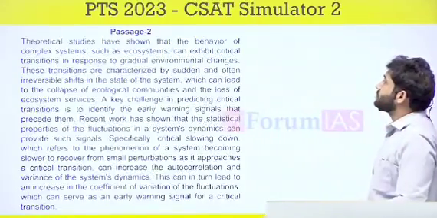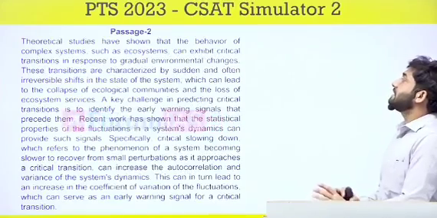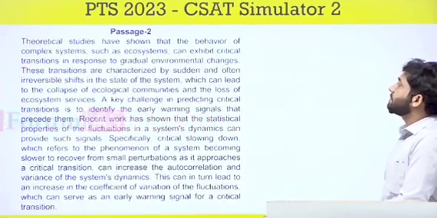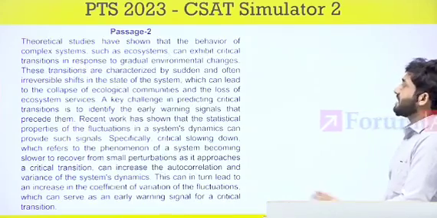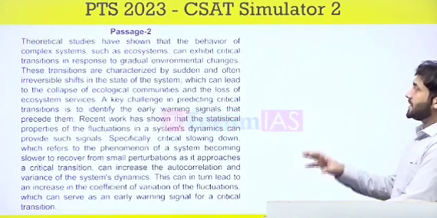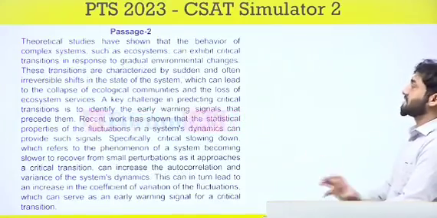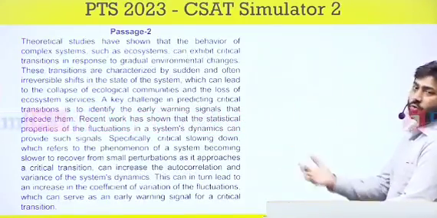Theoretical studies have shown that the behavior of complex systems, such as ecosystems, can exhibit critical transitions in response to gradual environmental changes. I hope that makes sense to everybody.